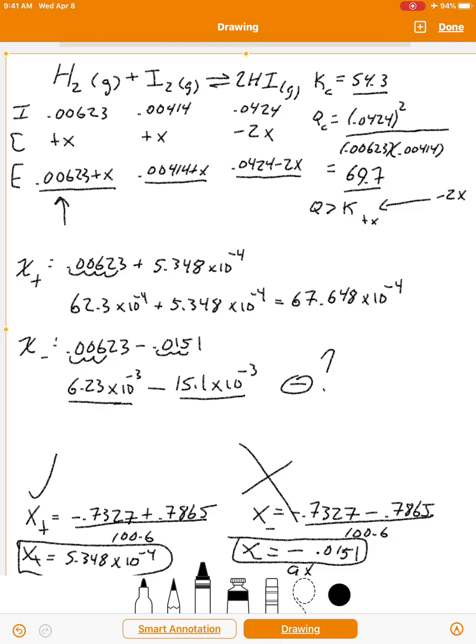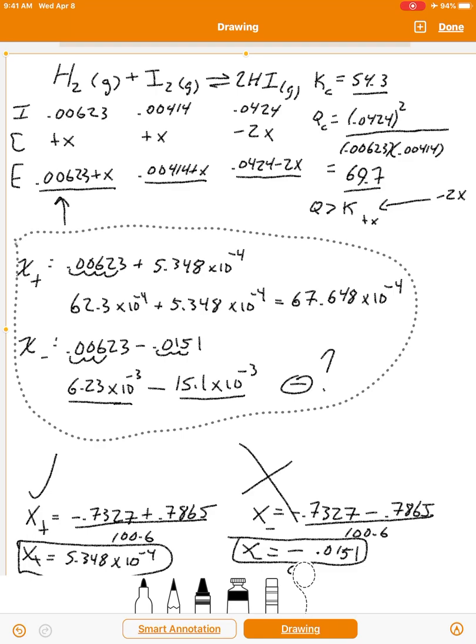Okay? So we've already done one of the calculations, but let's go through it formally and do all 3 of the concentrations at equilibrium.